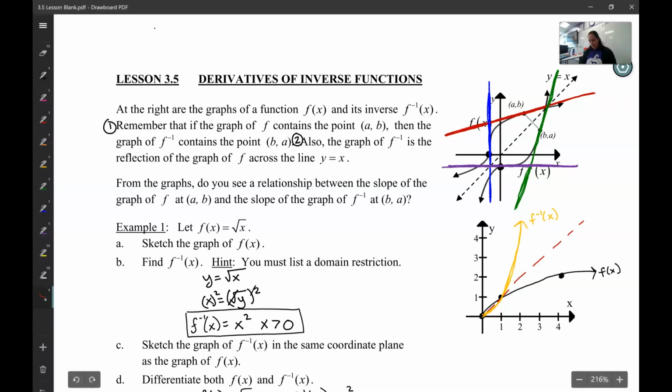If the slope of this is like 1 over 5, then looks like the slope of this is 5 over 1. These perpendicular ones are reciprocals.